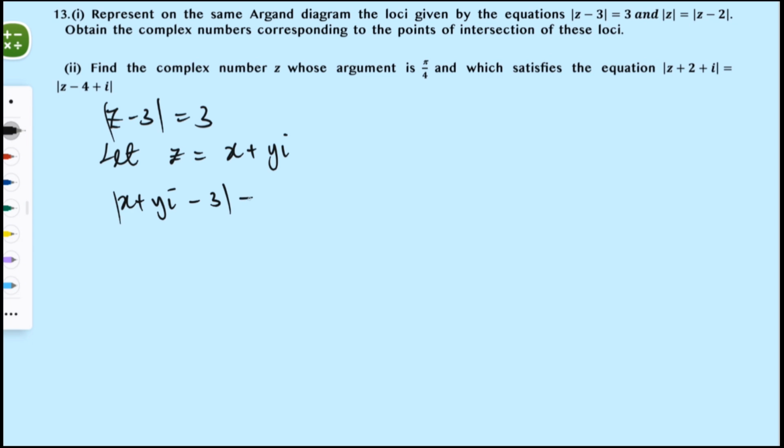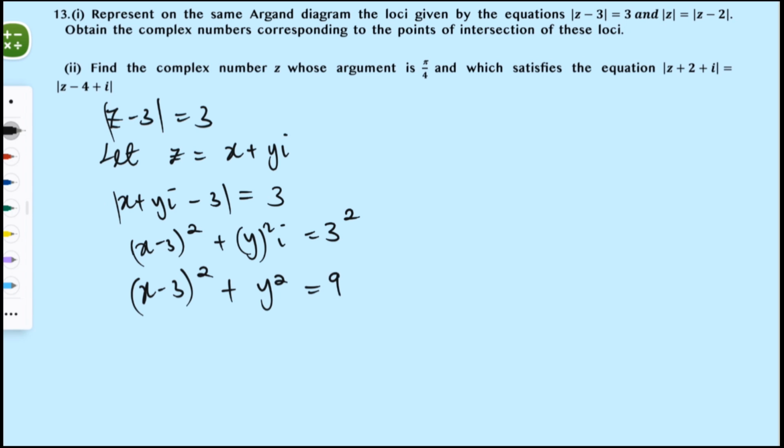As you can see, it has only a real part, right? So in this case, we have x minus 3 all squared to get the absolute value, plus y, well, it's just going to be alone, i squared, equal to 3. You square the side as well. This is going to be x minus 3 squared plus y squared equal to 9.